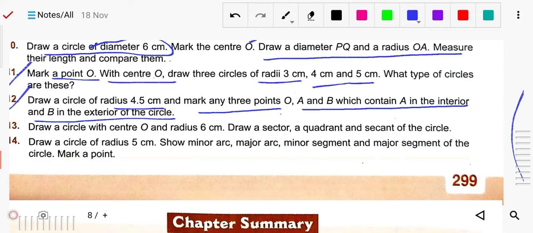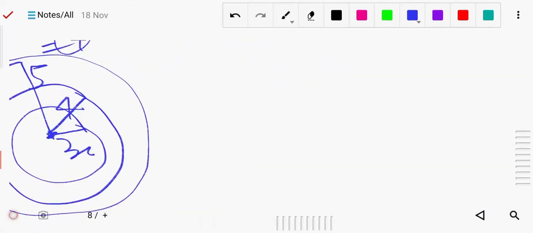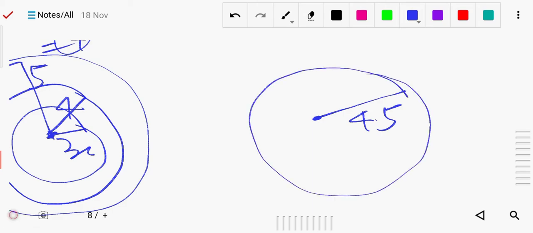So you have to draw the circle with radius 4.5. This is the point O, your center. Take any point A here, and B is the exterior, so B is here. You can measure the distance from the center to each of them.